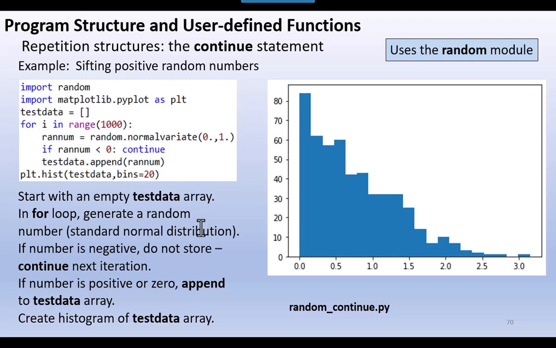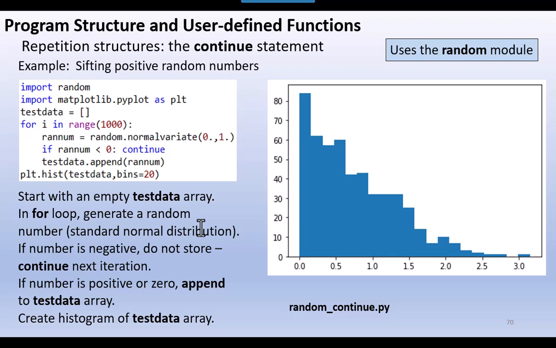Okay? So that completes our rapid discussion of the general program structures in Python for selection or decisions, if type statements, and for repetition structures or looping type statements.